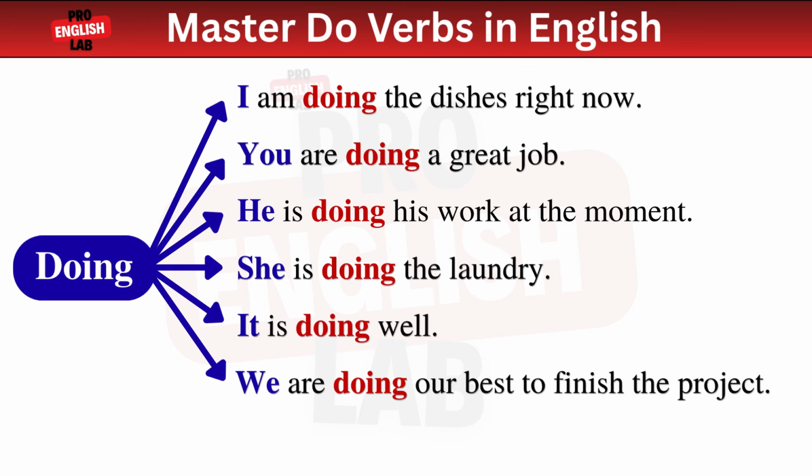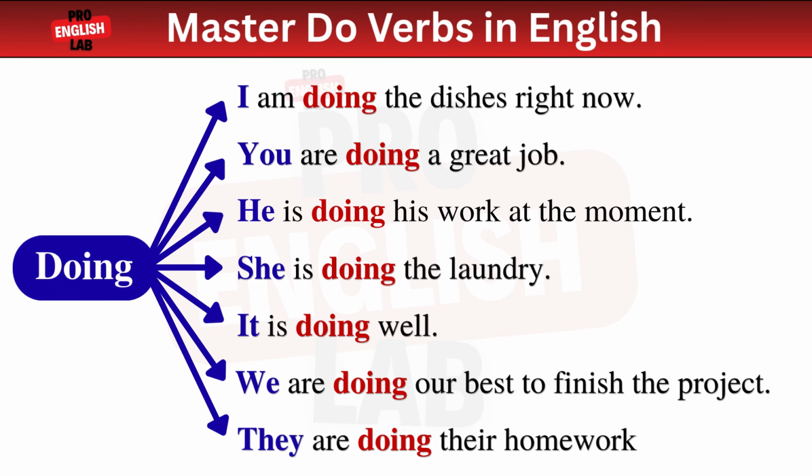We are doing our best to finish the project. They are doing their homework together. In all of these examples, doing is the present participle form of the verb do. It helps describe actions that are in progress.